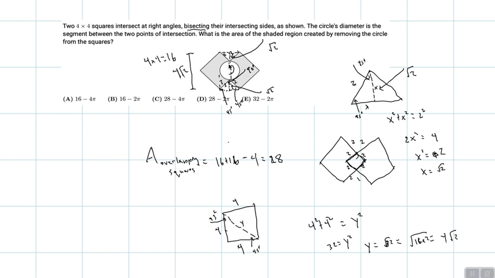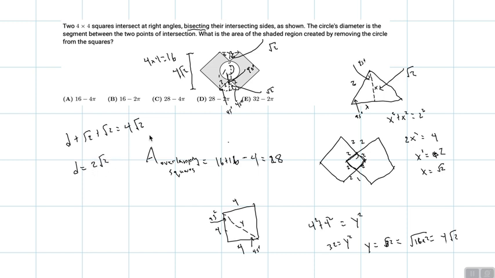The whole thing is 4 root 2. Let's call the diameter of the circle d. The diameter of the circle plus this root 2 plus this root 2 is equal to the whole 4 root 2. If we subtract both of these root 2's, we get that d is equal to 2 root 2.